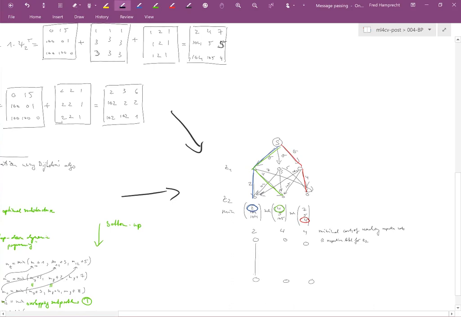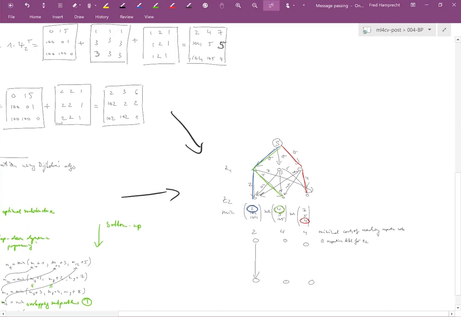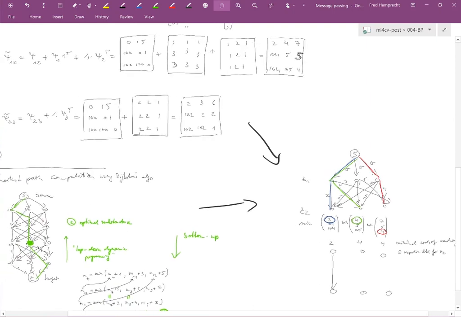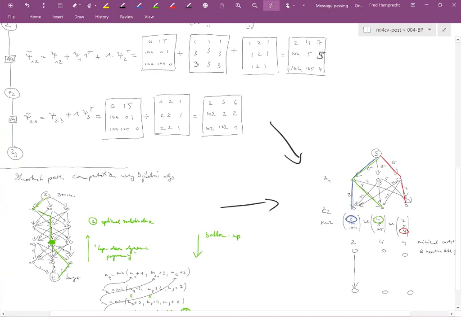What's the cost associated with this edge? Two, because now we're looking at this potential here, and the cost of transitioning from A to A was 2.